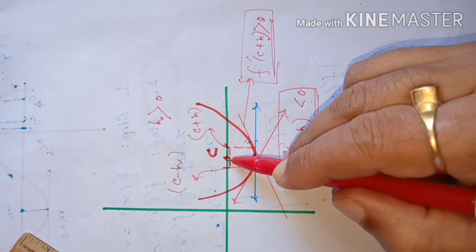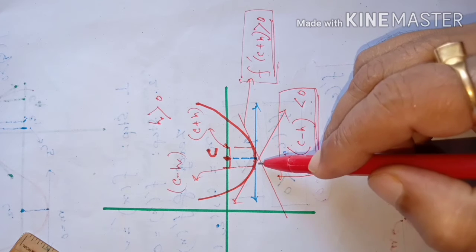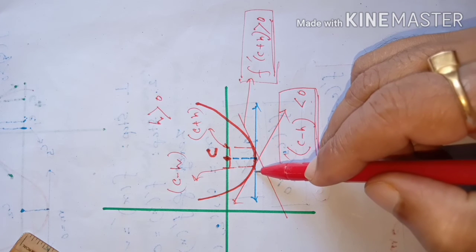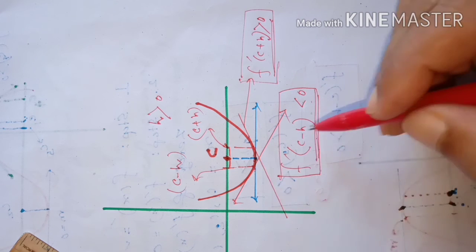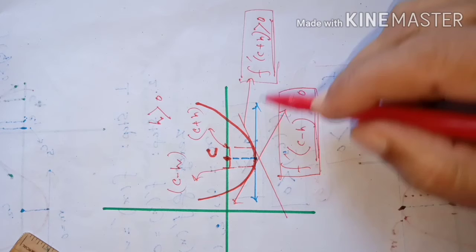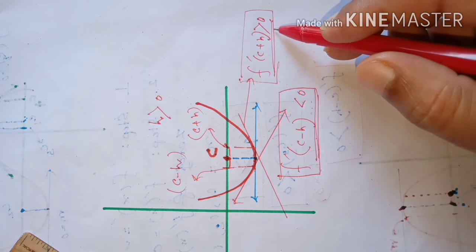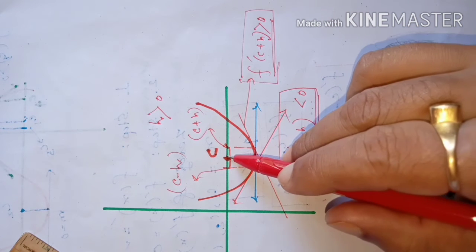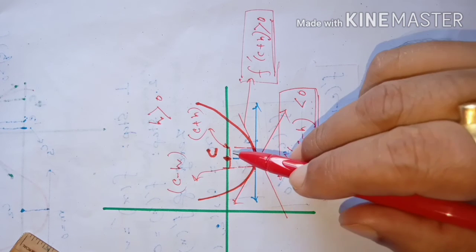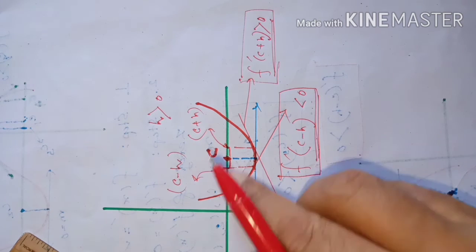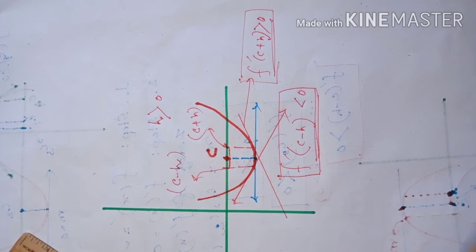So point of local minima is that point at which before that point the slope of the function is less than 0. After that point, the slope of the function is greater than 0. If C is a point in the given interval, it is an included point of the given interval. What is the interval?